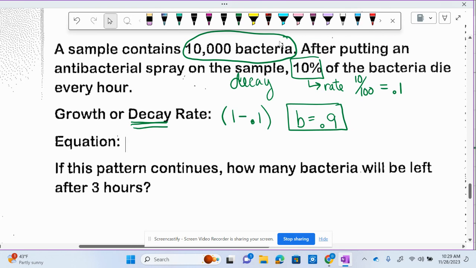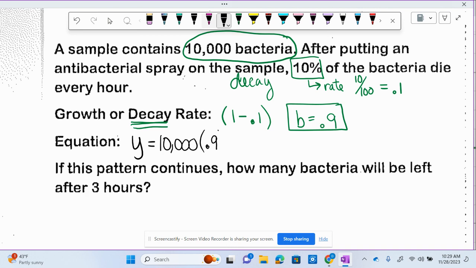Jordan, tell me the equation. Starts out with Y equals. What's your A value? Yeah, to the power of X. Very good.